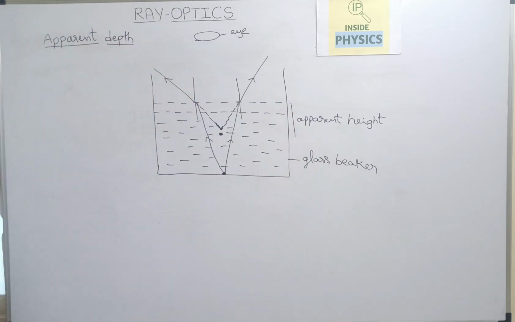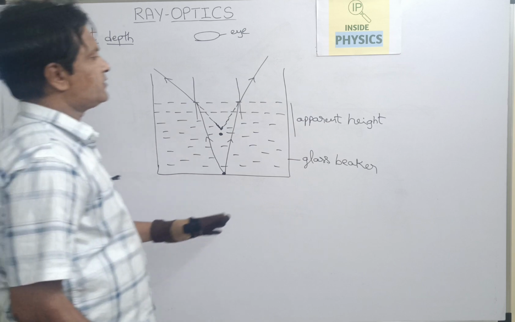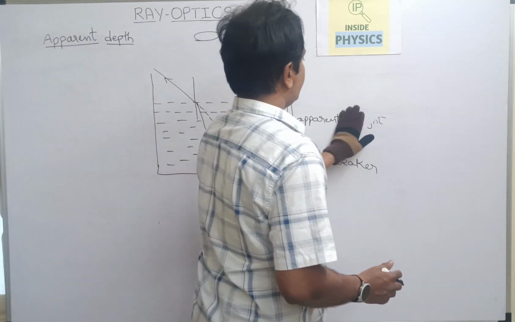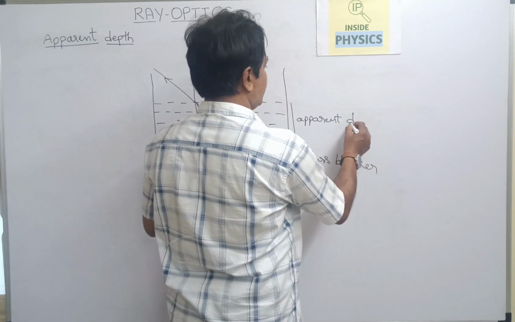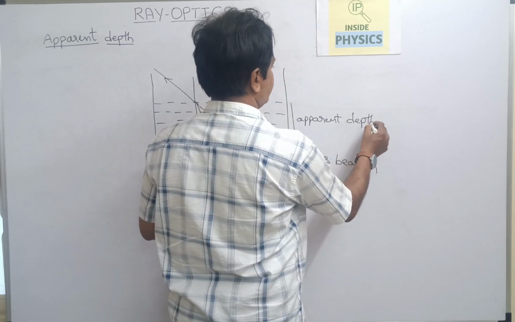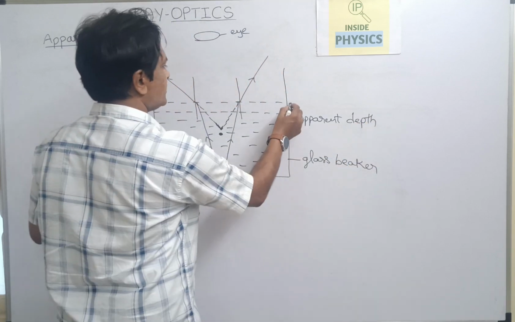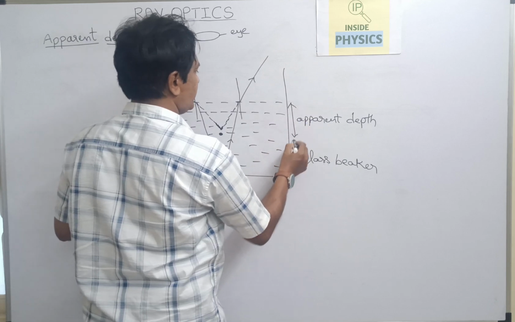So we can get the refractive index by considering the apparent depth and real depth. We can consider this to be the apparent depth, from here to here.